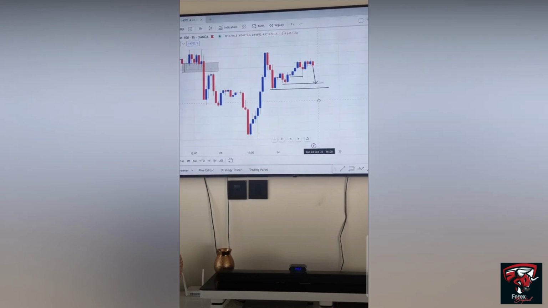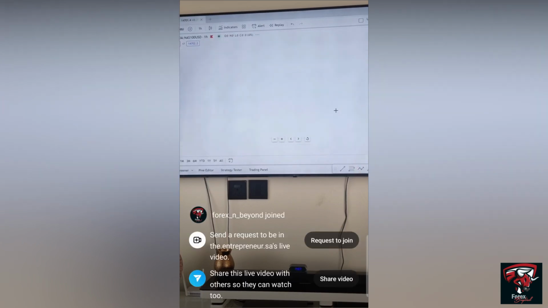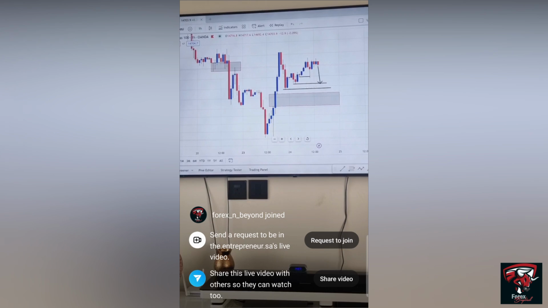So we look for interest, look for a reverse pattern. This would make sense: this reverse pattern to then push down could be a reverse pattern in order to then move price down, right?